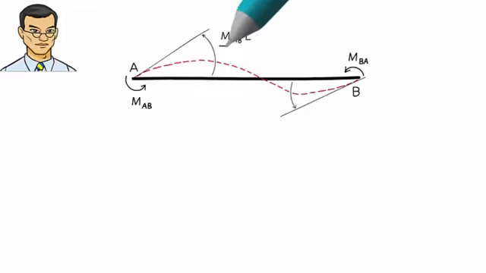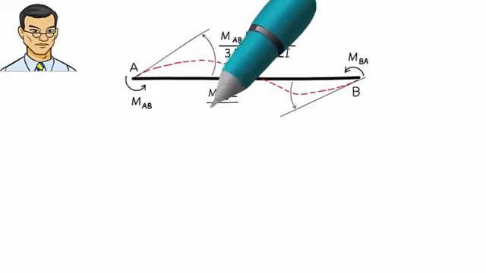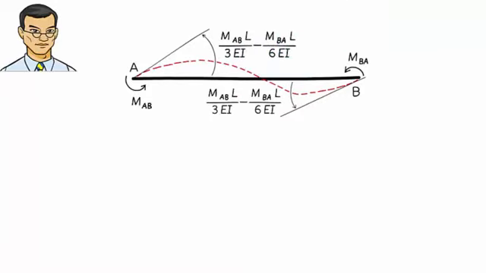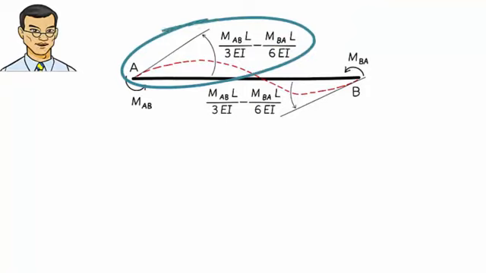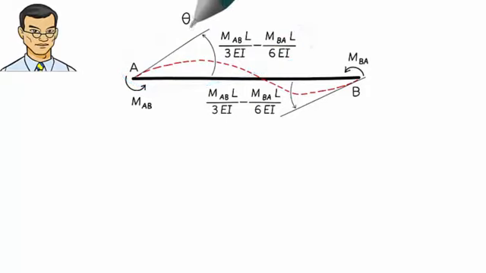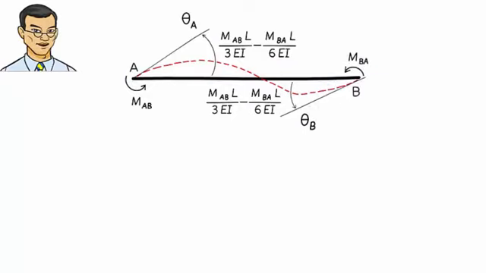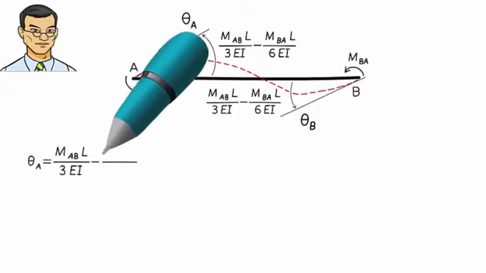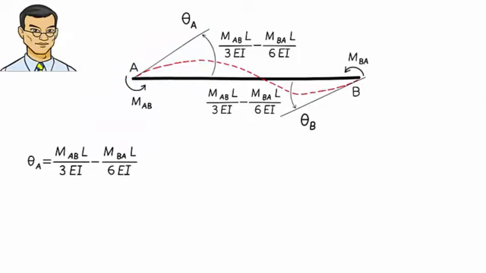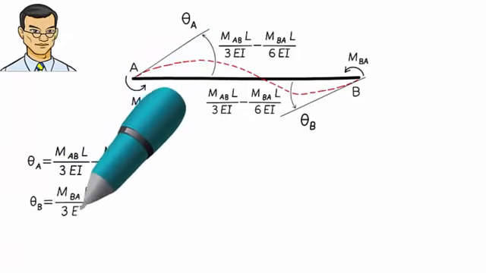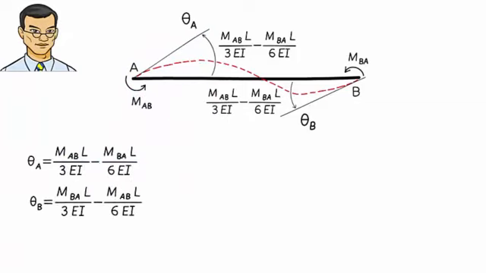Or let's refer to this overall rotation as theta A and call this one theta B. So we can write, and here we have two equations in terms of the member end moments and rotations.